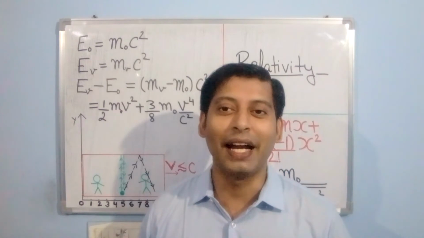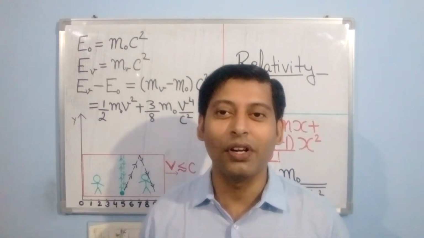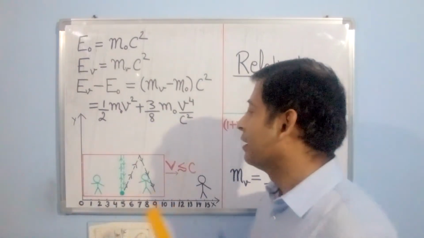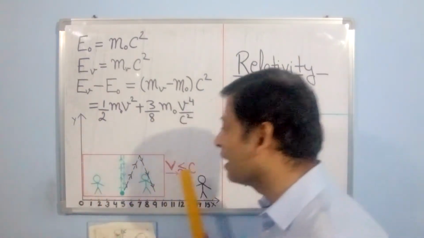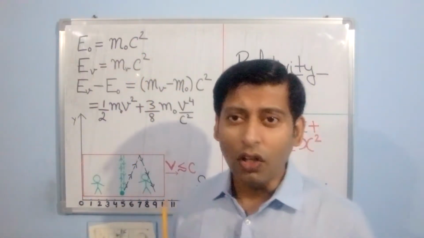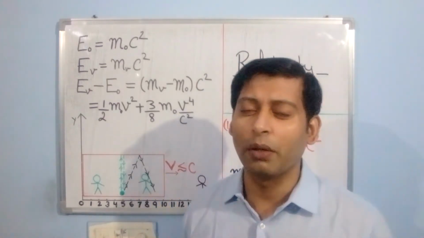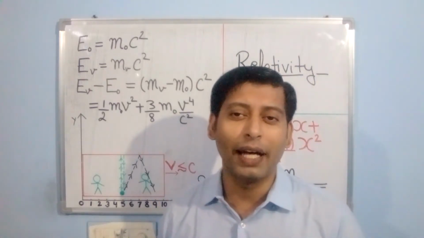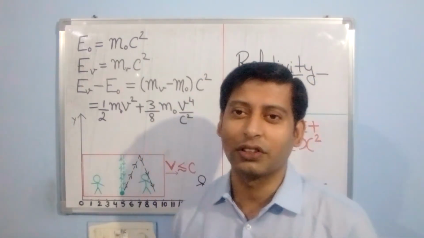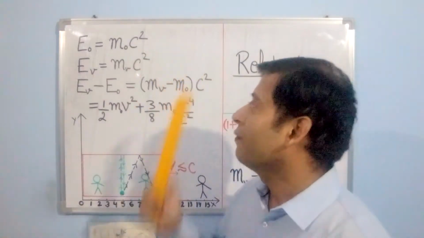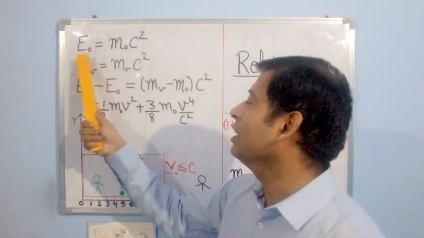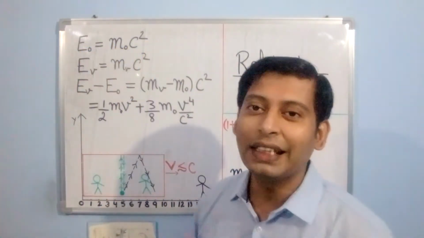So let's understand what this relativity of mass is all about. Let's say that the mass of the train is m0 at rest. According to Einstein's formula, E equal to mc square, the mass energy equivalence, a very popular and famous equation, the equivalent energy will be E0, which is equal to m0 c square.